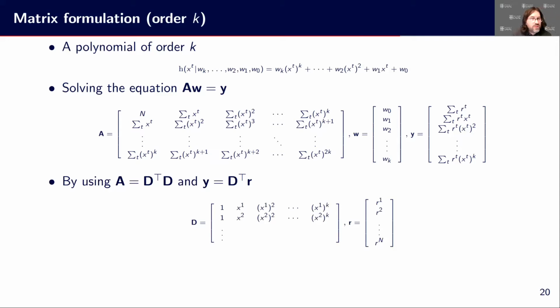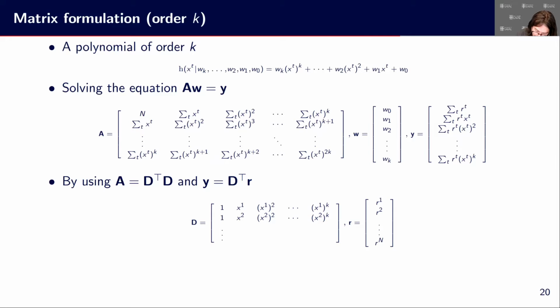One nice thing we can do with that is decompose matrix A as the product of matrix D transposed, so D transpose D. If we use that matrix D here, and we just do D transpose times D, we will get the exact A that we were looking for. And so this matrix D is simpler to manage.